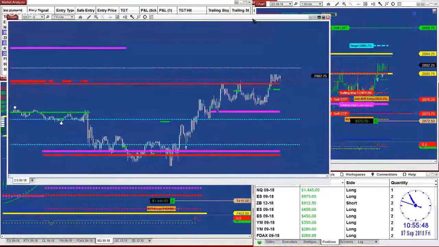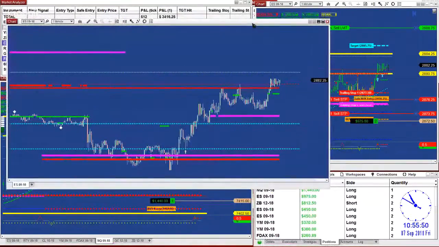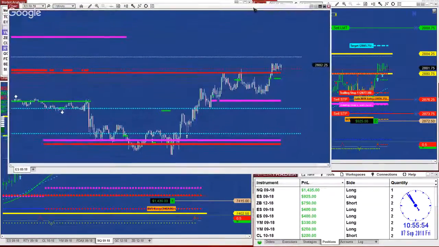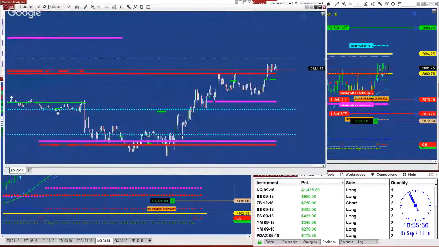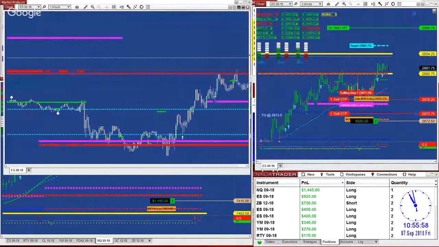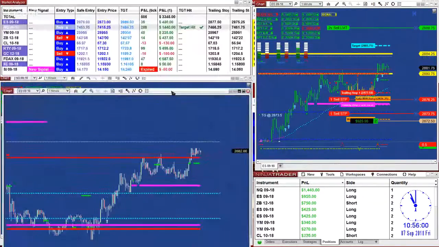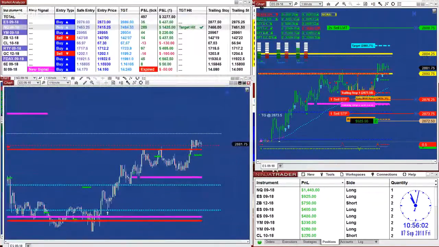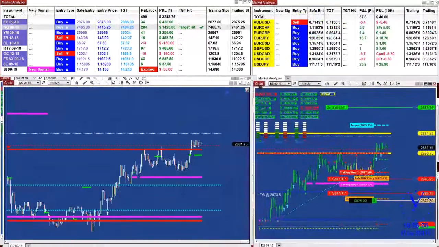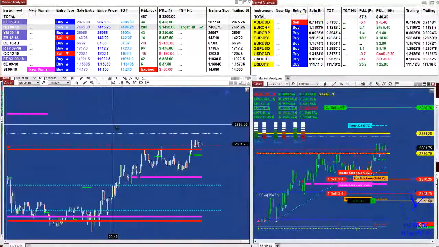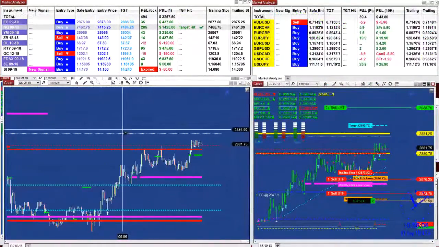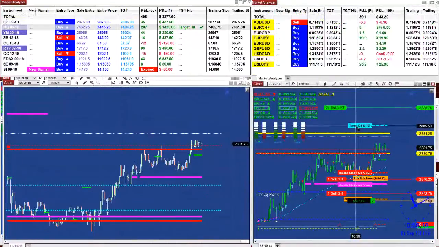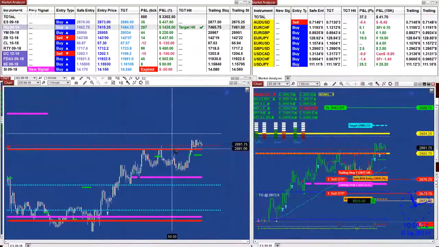If you're not trading the CL, why bother opening a chart for the CL? Use the space you have. I will maybe put the market analyzer up, and then take those two together, the ES with the clean chart. The clean chart is more important than this one here.